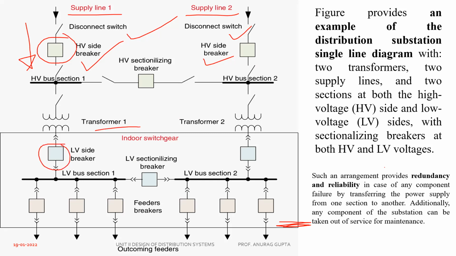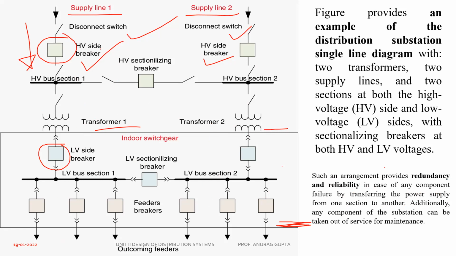Transformer number 1 and transformer number 2 both step down the voltage from 66 or 33 kV to 11 kV, 3.3 kV or 6.6 kV, depending on your system voltage and the requirement of your consumers. Such an arrangement provides redundancy and reliability in case of any component failure by transferring the power supply from one section to another. Now what's going on? You can see we are having two parallel lines.